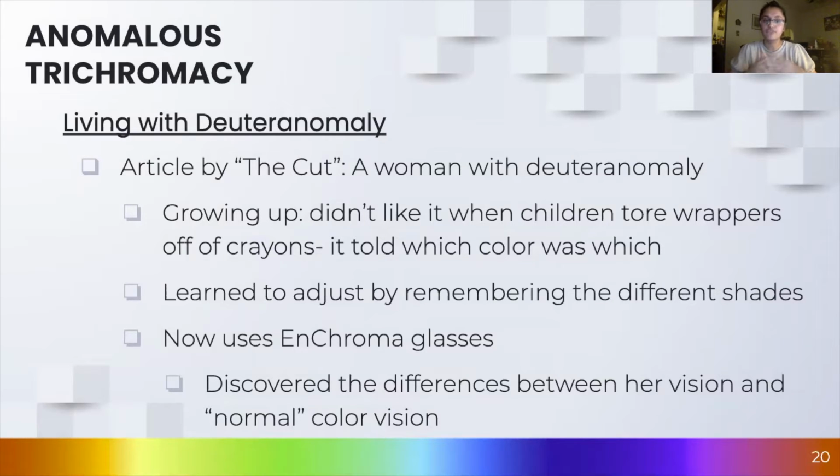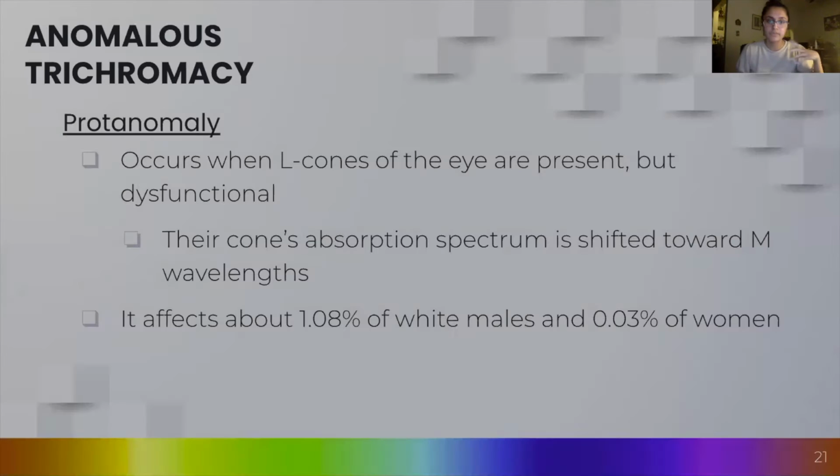And growing up, she talked about how she didn't like it when children tore wrappers off of crayons because that's what helped her tell which color was which. And she also discussed how she learned to adjust by remembering the different shades. And how she now uses Enchroma glasses, which helped her discover the differences between her vision and normal color vision. We'll talk about Enchroma and Enchroma's glasses shortly.